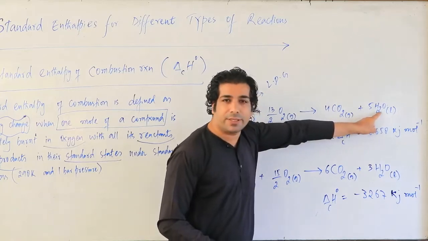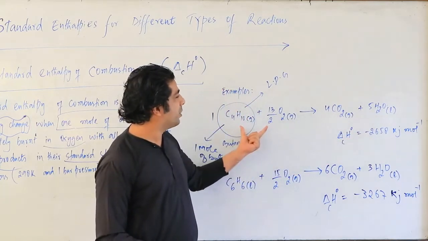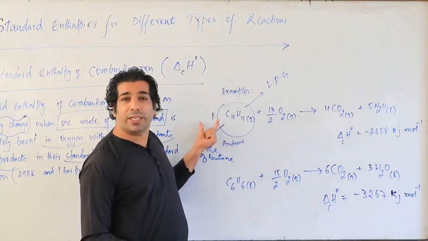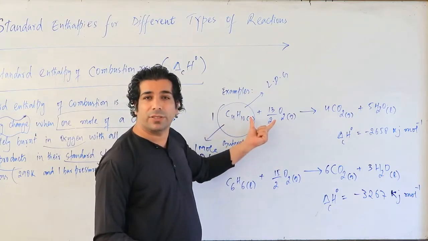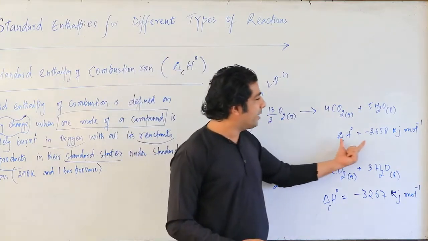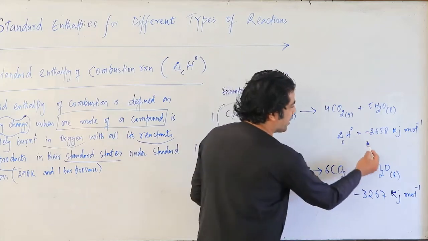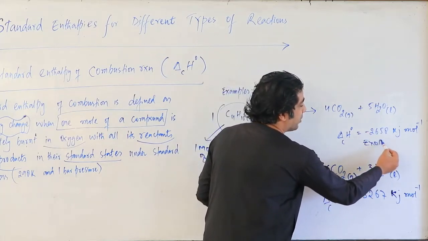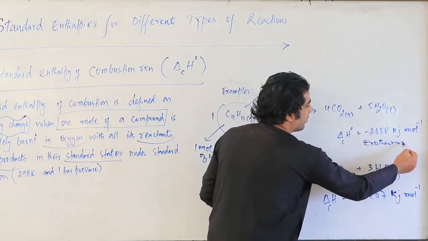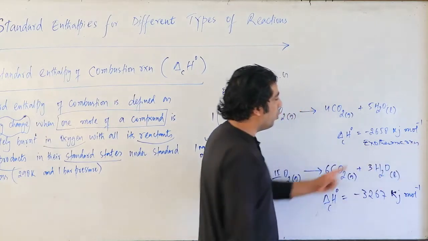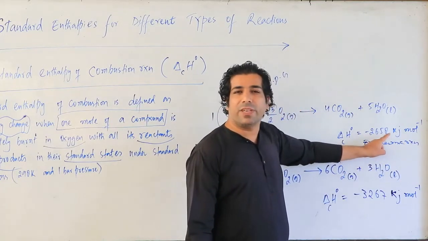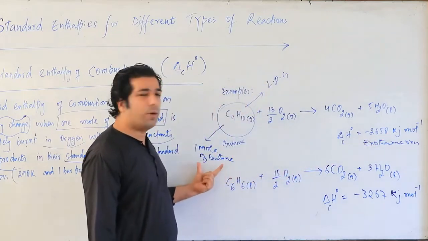So this is the combustion reaction in which 1 mole of butane is burnt in presence of oxygen. And how much energy is released? This negative sign will tell me that this is the exothermic reaction. So 2658 kilojoules of energy is released when you are burning 1 mole of butane.